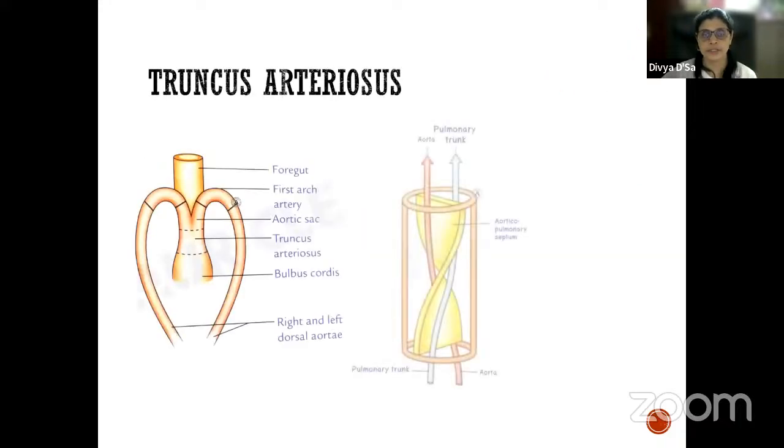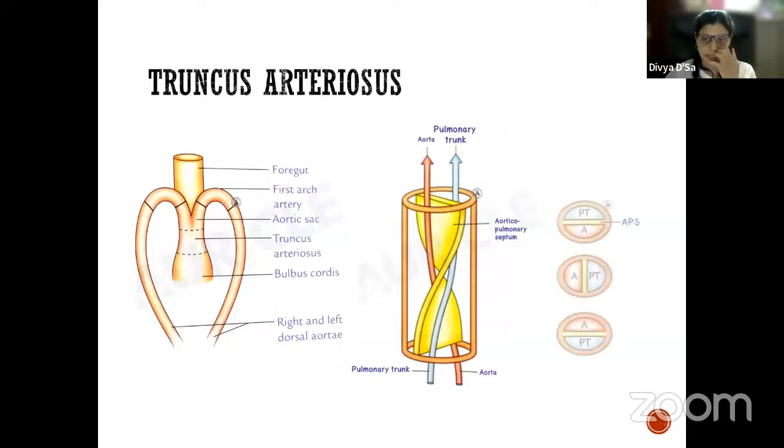Next, we go to the truncus arteriosus. Truncus arteriosus basically forms two things, isn't it? One is the ascending aorta, and the next is the pulmonary trunk.